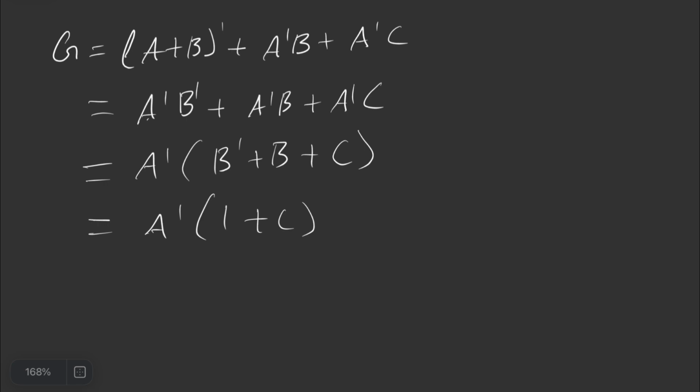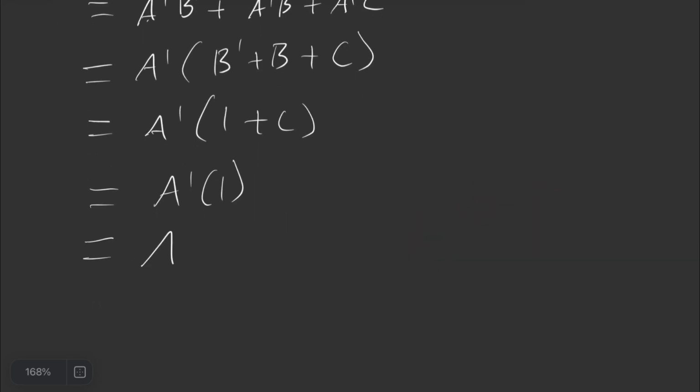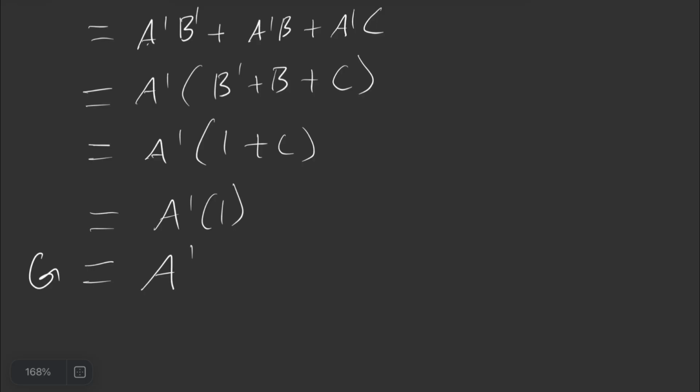Now, based on one of our Boolean algebra laws, 1 plus x equals 1. So this is going to be 1, and we know that our value is going to be a prime for this. Now I'm just going to do one more Boolean algebra simplification question.